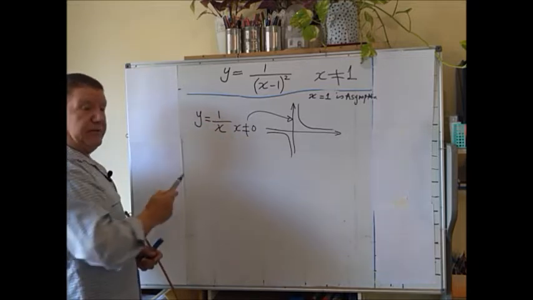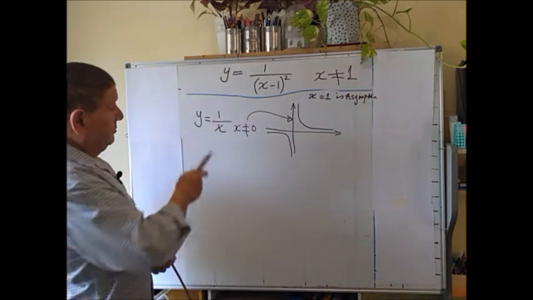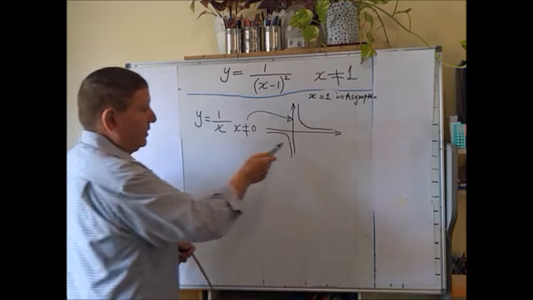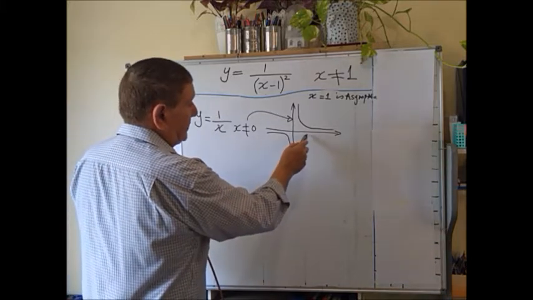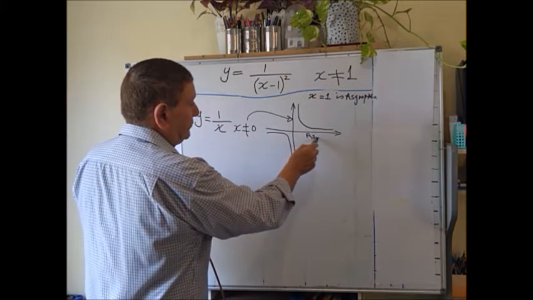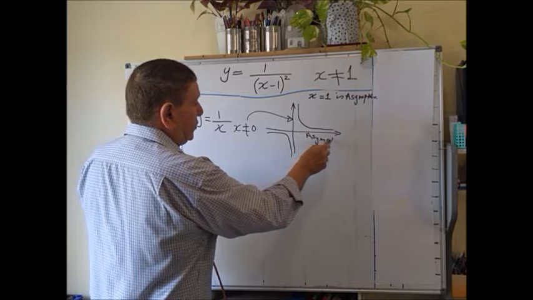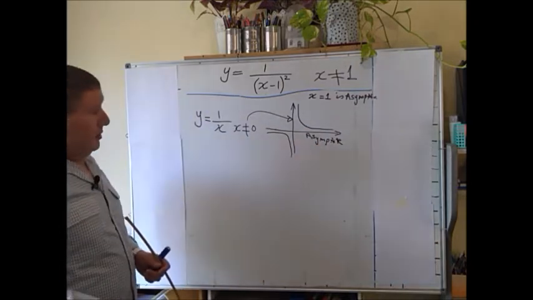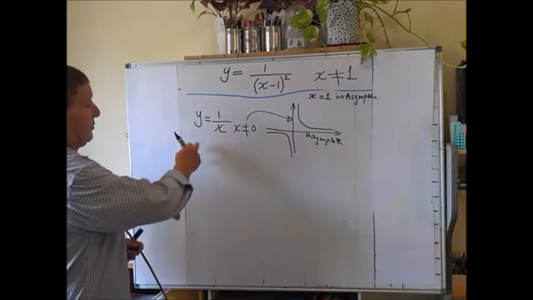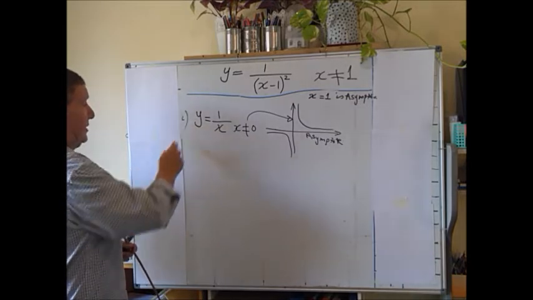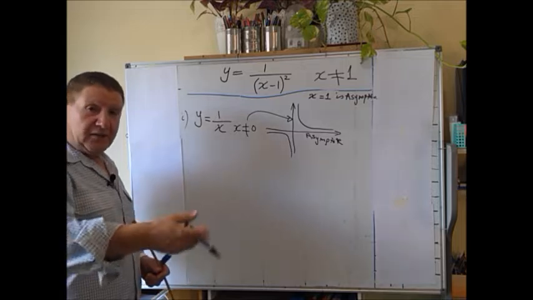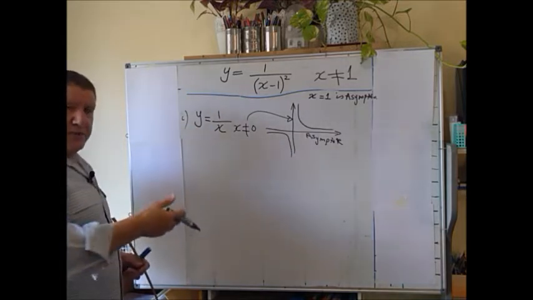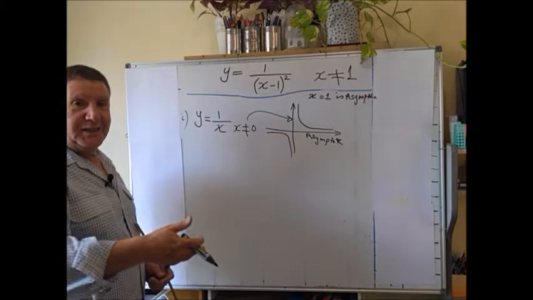Y equals 1 over anything will not give you 0. So that's why the x-axis is also an asymptote, because the function will not cross it. There will be no 0. Okay, that's the first thing we start with. So this is number 1, the line of thinking or planning how to plot that. And with experience, that goes very quickly.